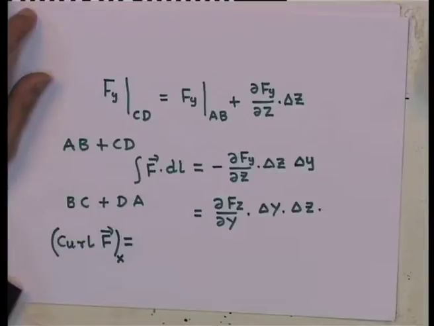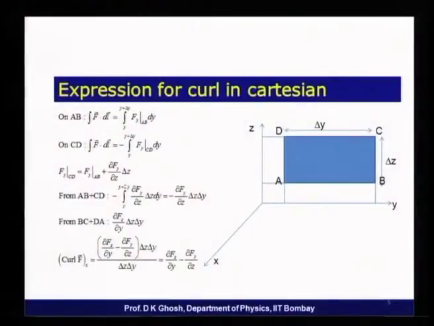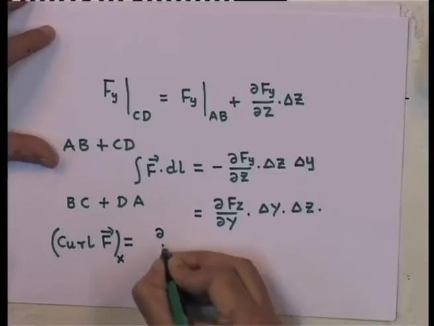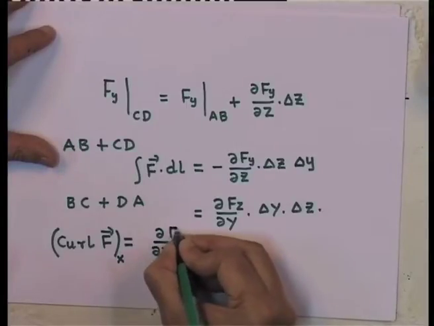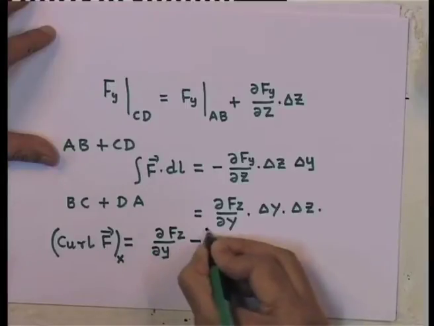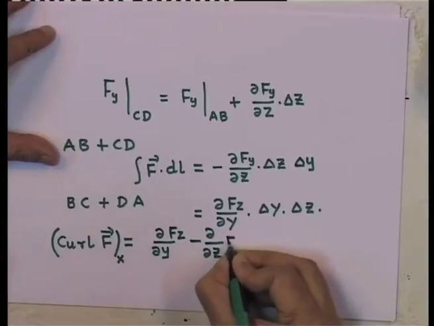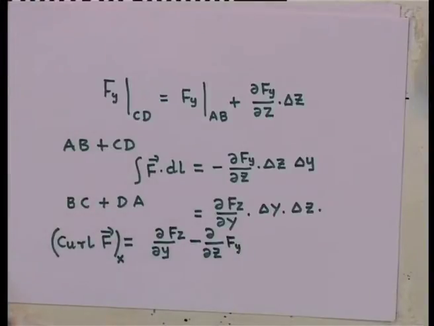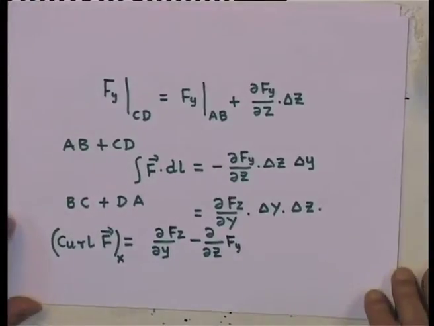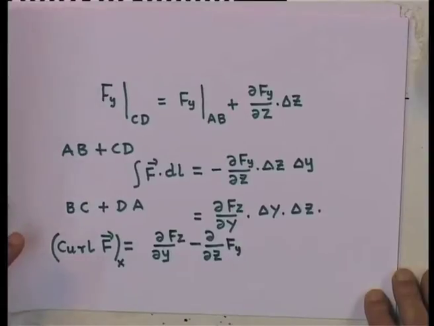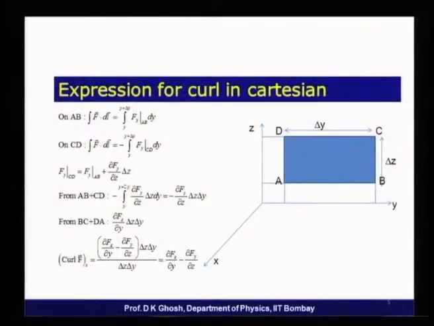That is because the direction of this area is along the x direction. So, this is given by delta by delta y of f z minus delta by delta z of f y. So, this is the Cartesian expression for the x component of the curl of the vector.